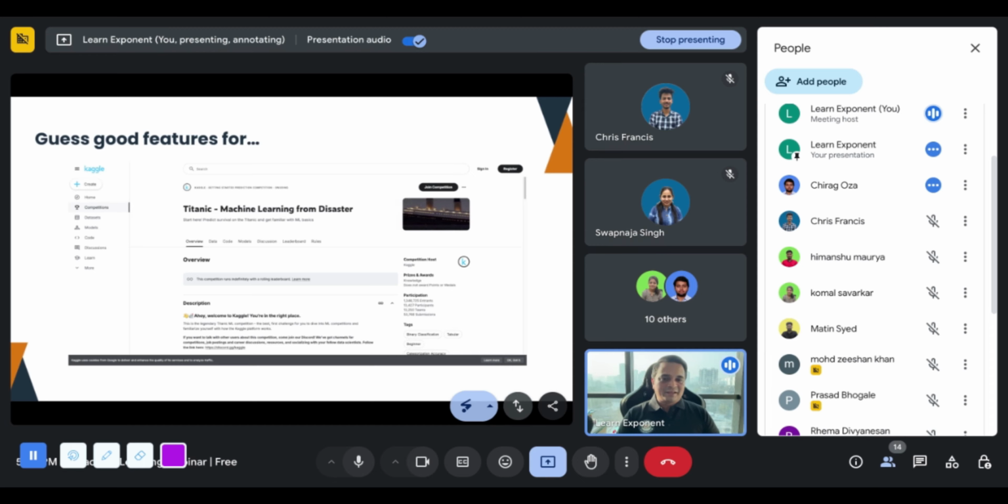The data set is interesting. They have collected a list of all the passengers and the attributes for each of these passengers, and they also have a label associated with it, saying whether they survived the Titanic crash or not, right? So what could be good features for a classification problem like this? Any guesses?